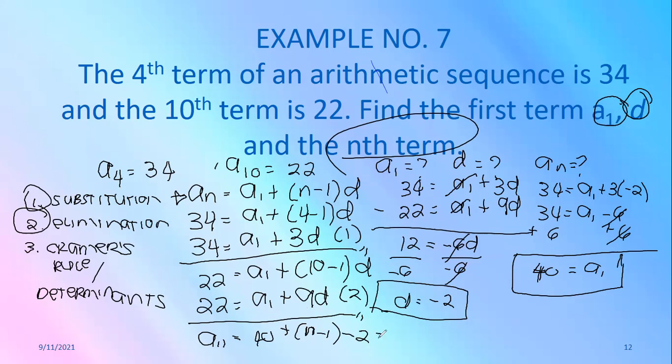So this is 40. Negative 2 multiplied by positive n is negative 2n. How about negative 2 multiplied by negative 1? That's positive 2. So your a sub n now becomes 42 minus 2n.